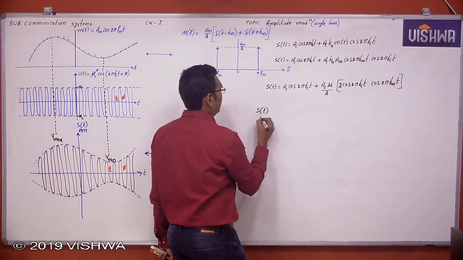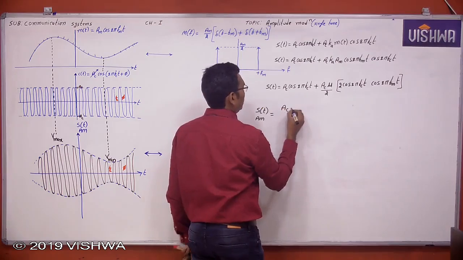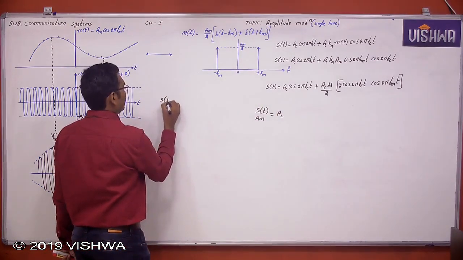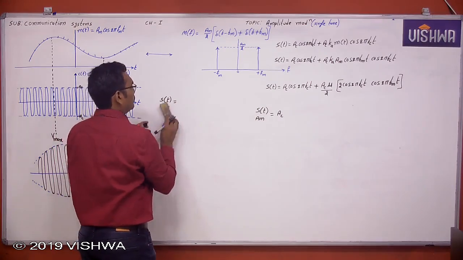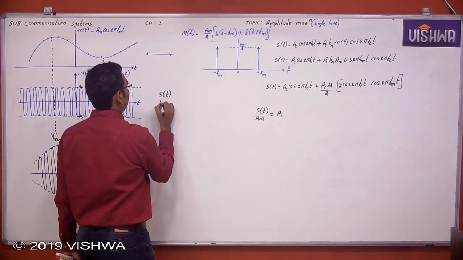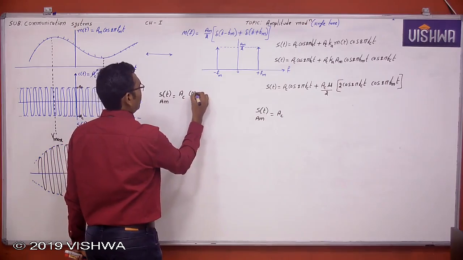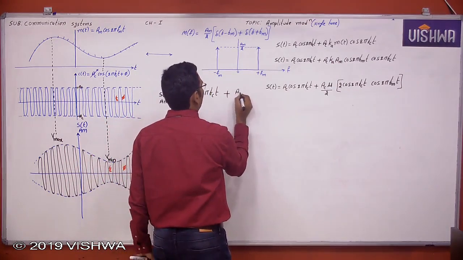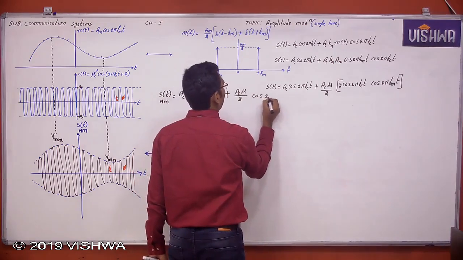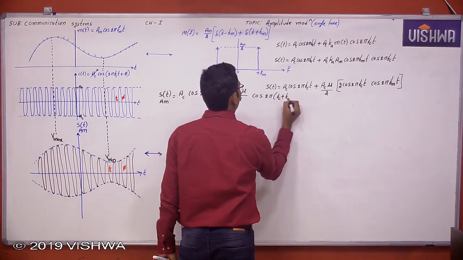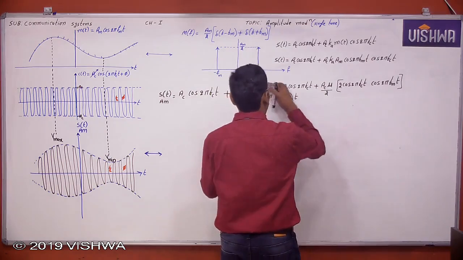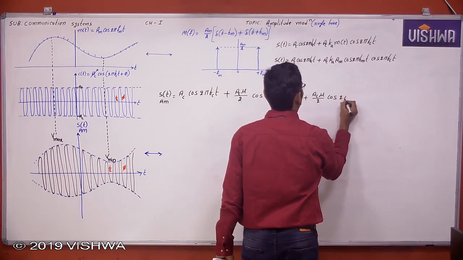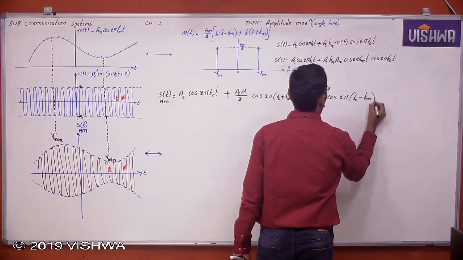So S of t of the amplitude modulation signal is Ac cos 2 pi fc t plus Ac mu by 2 into 2 cos A cos B, that is, Ac mu by 2 into cos 2 pi (fc plus fm) t, plus Ac mu by 2 into cos 2 pi (fc minus fm) t.